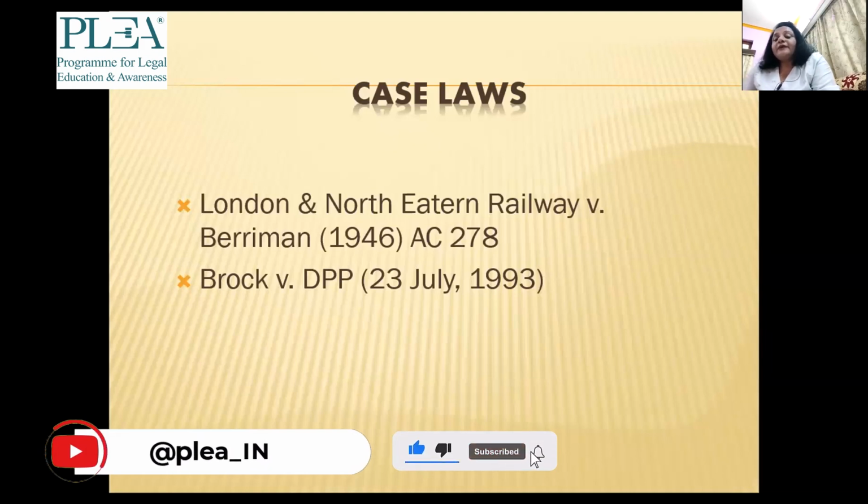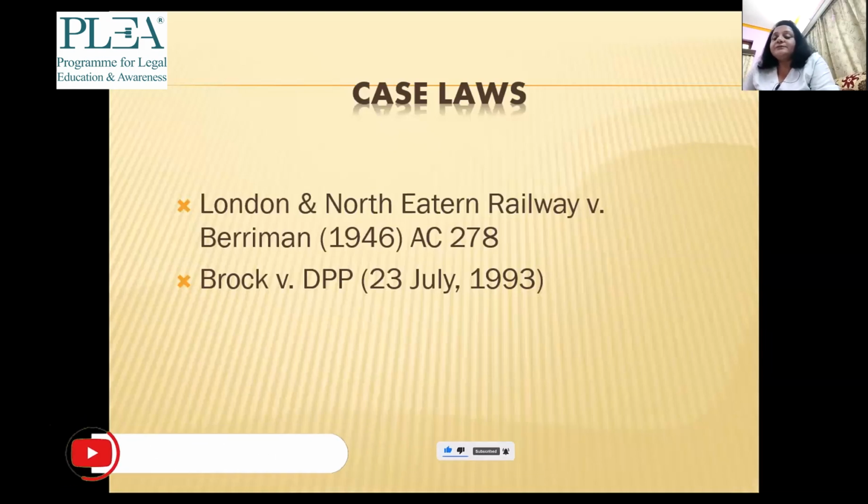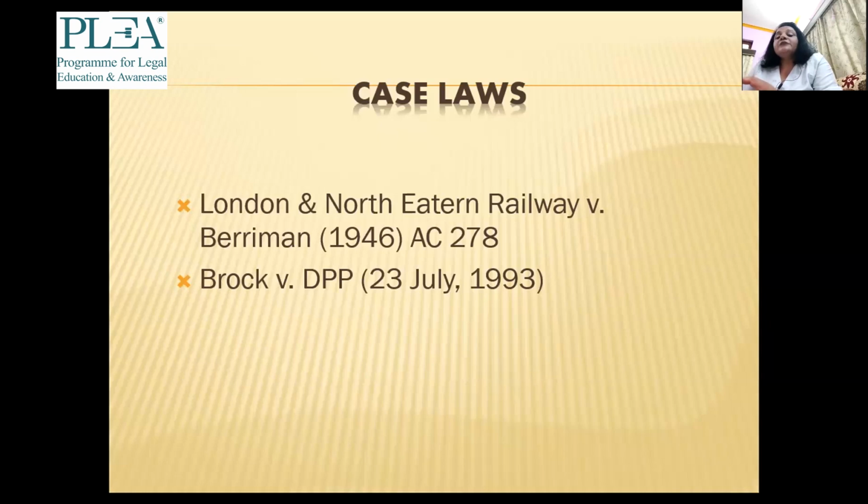So the plea of the wife of Berryman was rejected and compensation wasn't given to her. However, after some time, the judiciary itself felt that rather than going with the literal interpretation of the statute, we should have gone with the liberal interpretation, and then the compensation could have been granted to the wife.